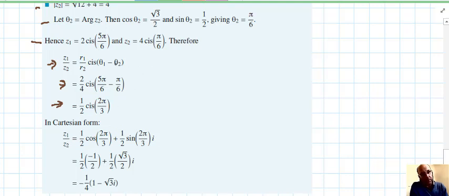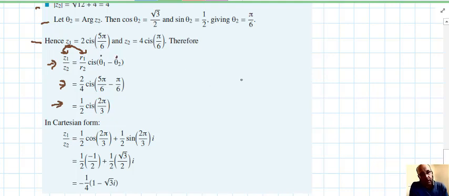So just remember, the order is important. The designated first complex number z1 sits on top of that quotient there. Thus, it's r1 over r2 and theta 1 minus theta 2 in that correct order.